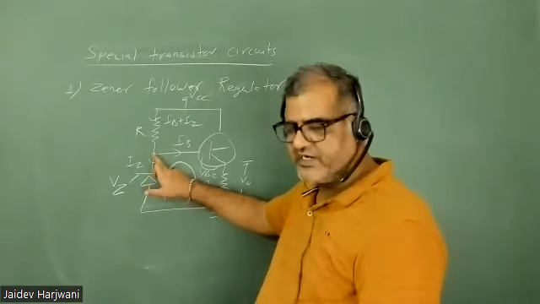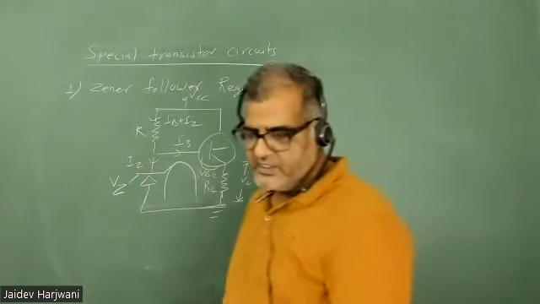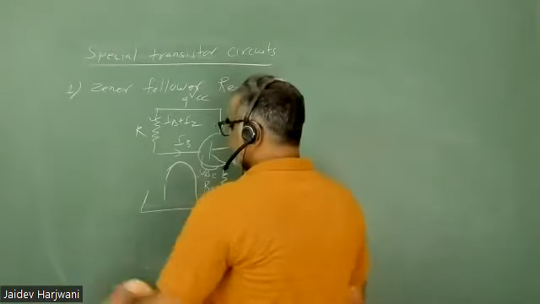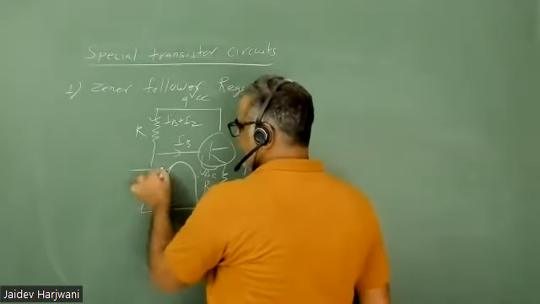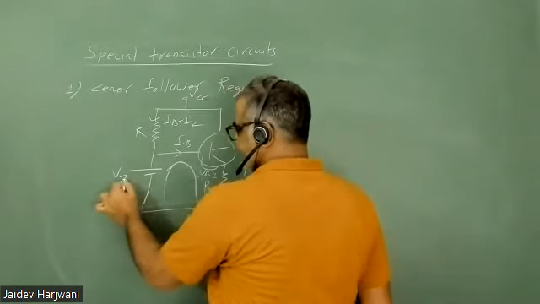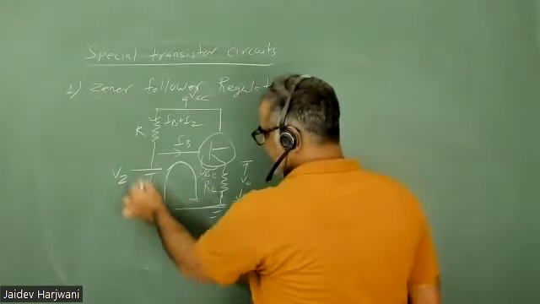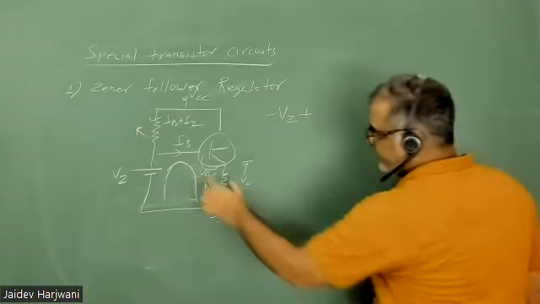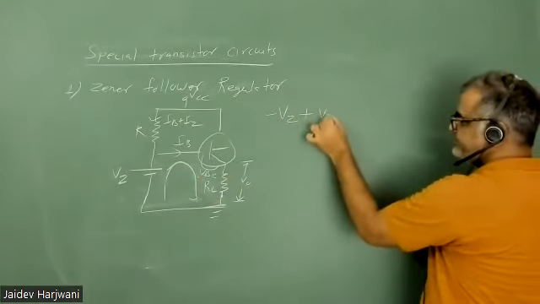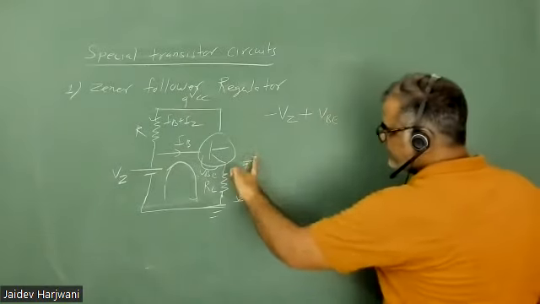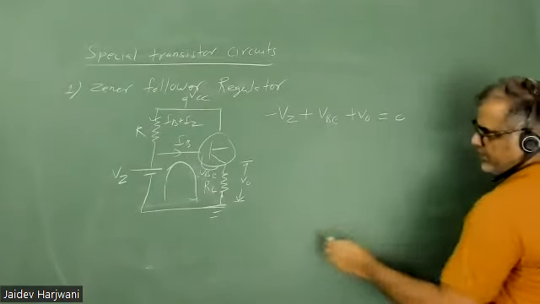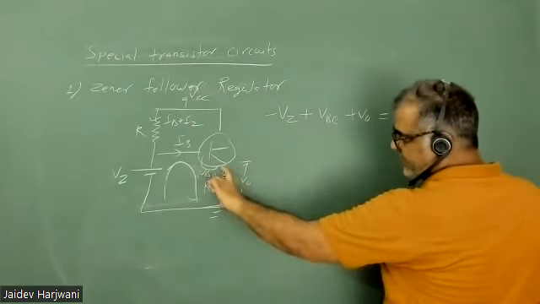Once it is greater than VZ, automatically this Zener diode is on, and I can replace it by a battery of VZ. Now if I write the KVL in this loop, I can write minus VZ plus VB plus V naught equals 0. Here V naught is basically VE.